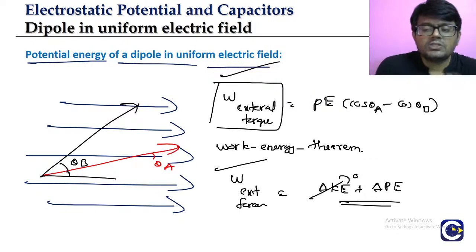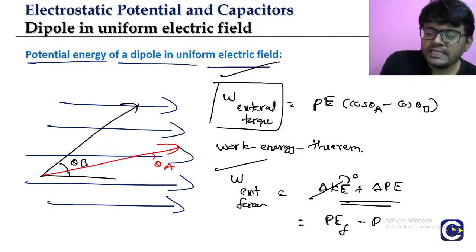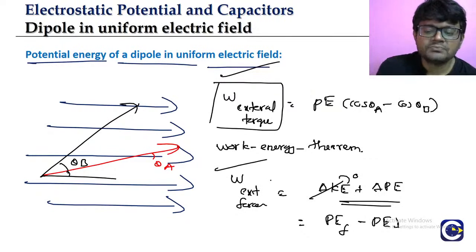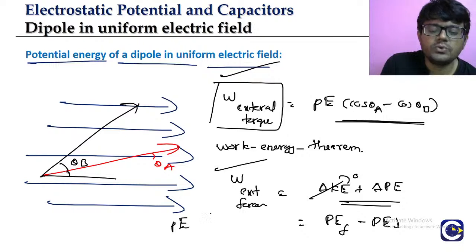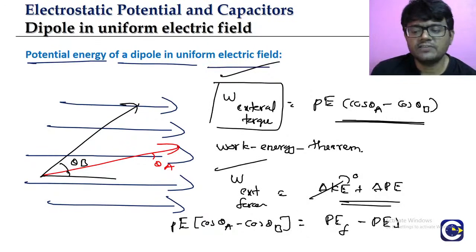Change in potential energy, it is the final potential energy minus initial potential energy. Look here, what is this? The work done by the external torque is pE into cos theta A minus cos theta B, right? So this is the change in potential energy, final minus initial. This is how we are going to define potential energy.